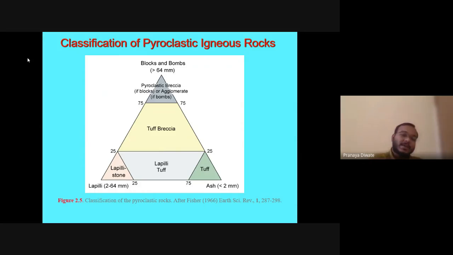That will also make some bricks, and some people make bricks and have a business for this pyroclastic material. That's called bread and butter for this one. This ash also gets classified in different forms. So you have tuff breccia, and so on. That is how you can classify pyroclastic igneous rock.